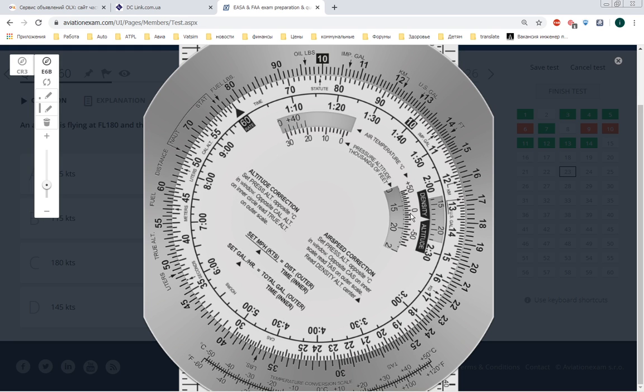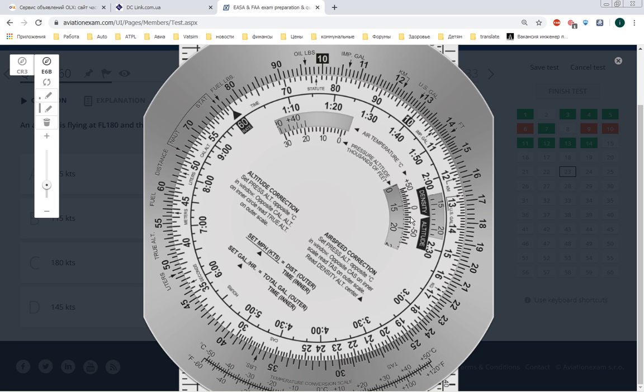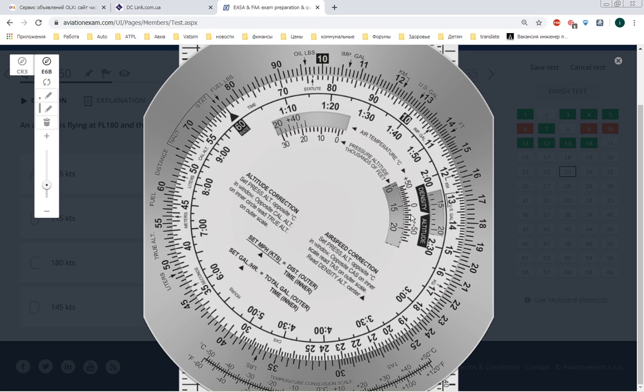Okay, this is 0, this is 10, 20, and here's 30 degrees minus. This is flight level 180 and -30 degrees. Now we have calibrated airspeed 150 knots.